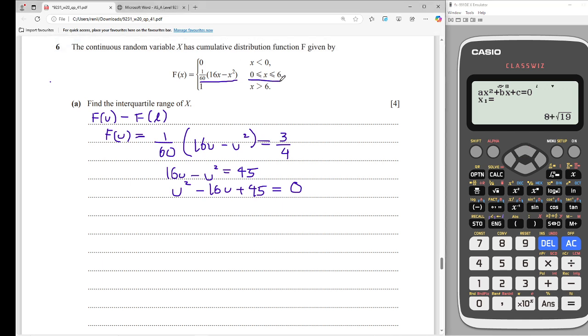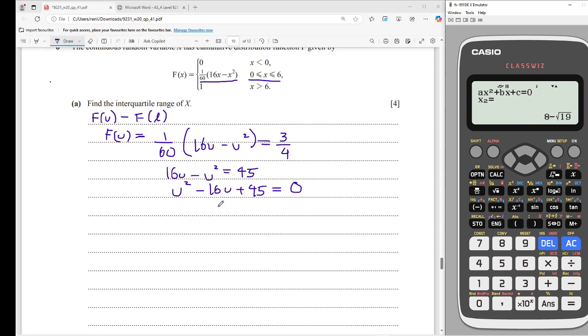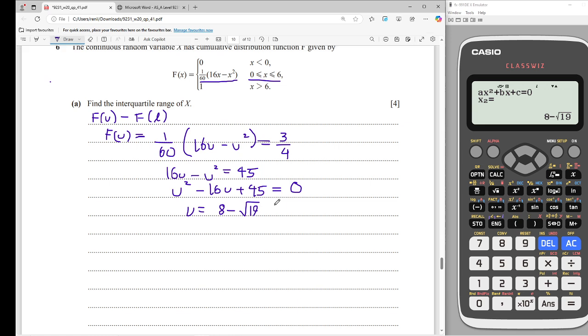The range is between 0 to 6, so 8 plus root 19 gives 12.35. 8 minus root 19, however, gives 3.64, which is within range. So our value of u equals 8 minus root 19. Do note we don't need it in decimal form just yet, because we are still using it in our calculations. They're not asking to calculate the upper quartile.